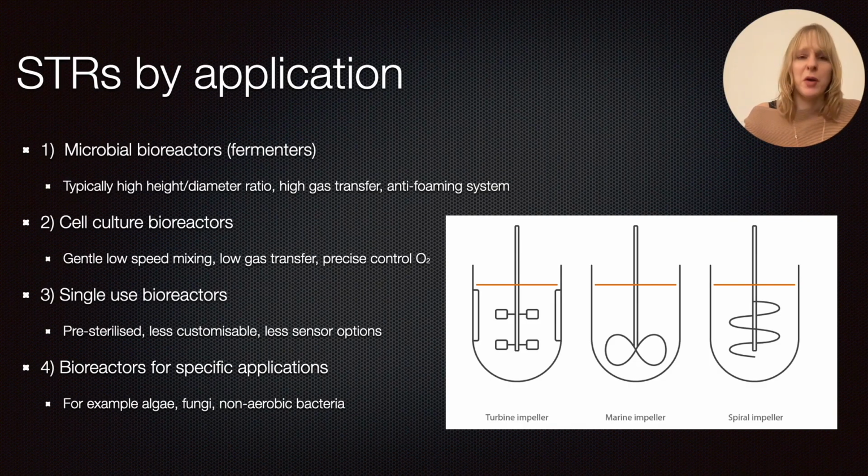If you work with a microbial bioreactor and a fermenter, the conditions are very different. In this case, you typically have a very high height to diameter ratio because that will allow for more efficient gas transfer.